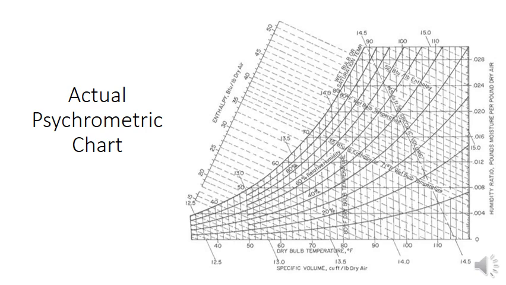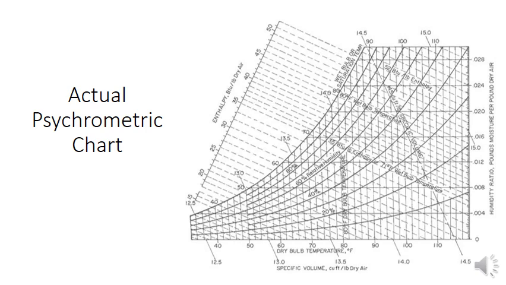Similarly, now the enthalpy values. In fact, we can have the SI units as well in the psychrometric chart. It starts from 15 and ends at 50. All these lines are basically extended up to the x and y axes.